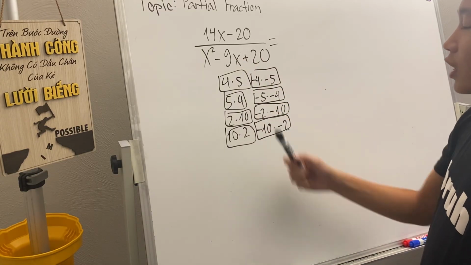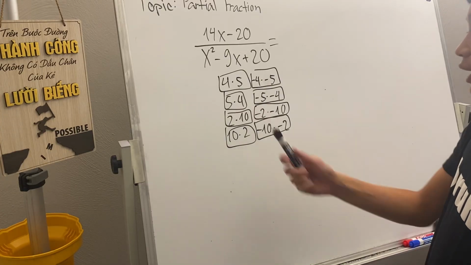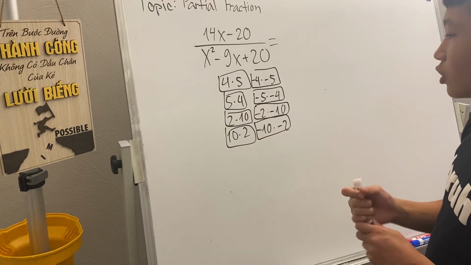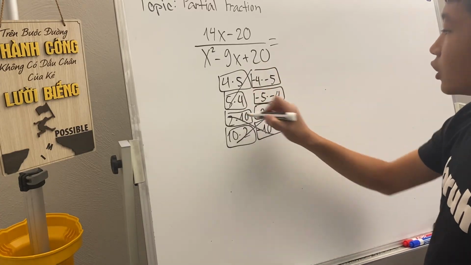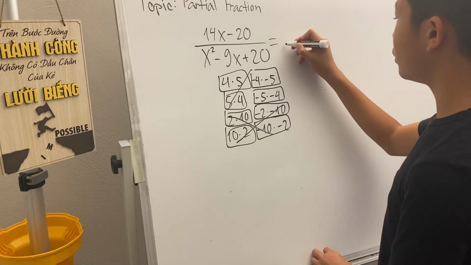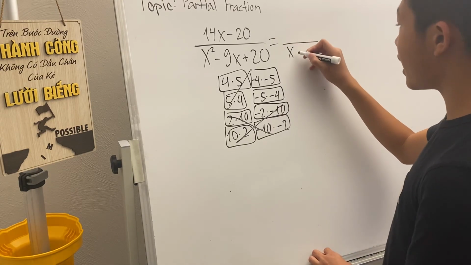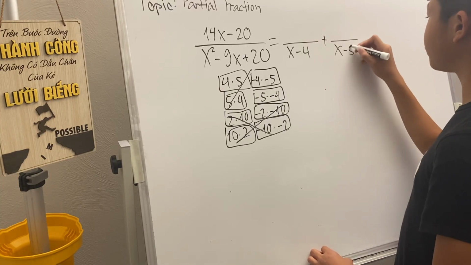Well, 4 times 5 does equal 20, but added together you get 9, not negative 9. And this is obviously wrong, right? So you know it's not the positive ones, we can choose negative 4 and negative 5. It doesn't matter which one. So we get x - 4 and x - 5.